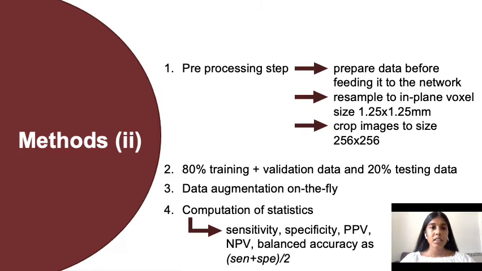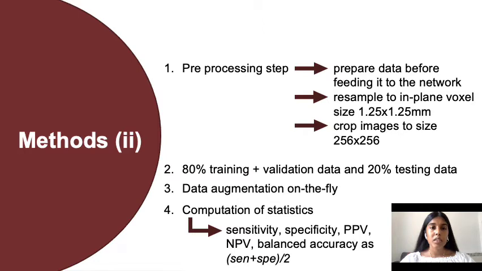Next, the dataset was split so that 80% of the data was used for training and validation, while the remaining 20% was used for testing. The data was split so that images from each patient were bound to a specific set to ensure data independence. During the training phase, data augmentation was performed on the fly to account for the limited size of the dataset.